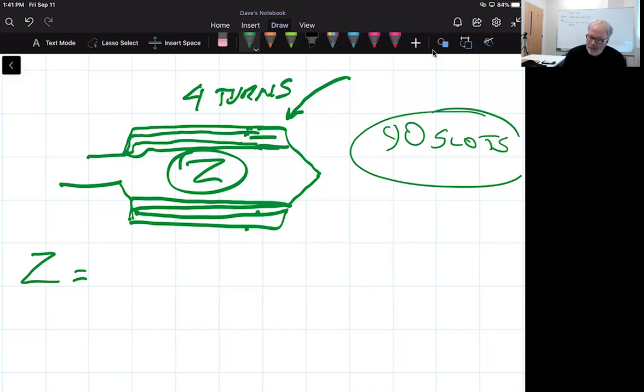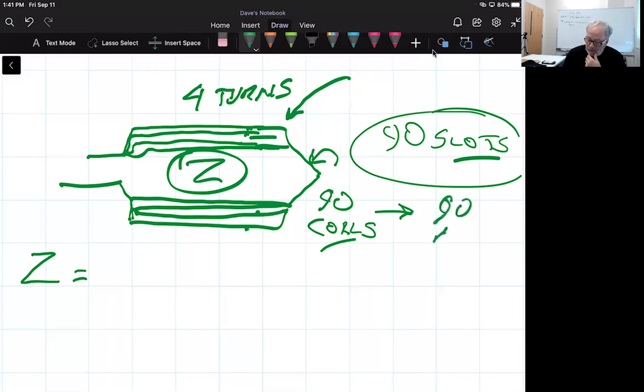If there are 90 slots, that means there are 90 coils that look like this. And also, though it's not asking for it in this problem, we would know that there would be 90 commutator slots. So slots, coils, and commutator bars are always going to be the same.